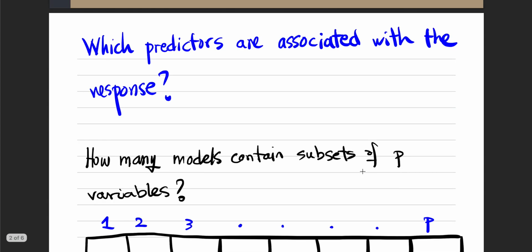So the bottom line is that when we want to find predictors associated with the response, there are many, many, many possibilities, and we cannot look at all of them. So these are the 2 take-home messages so far.